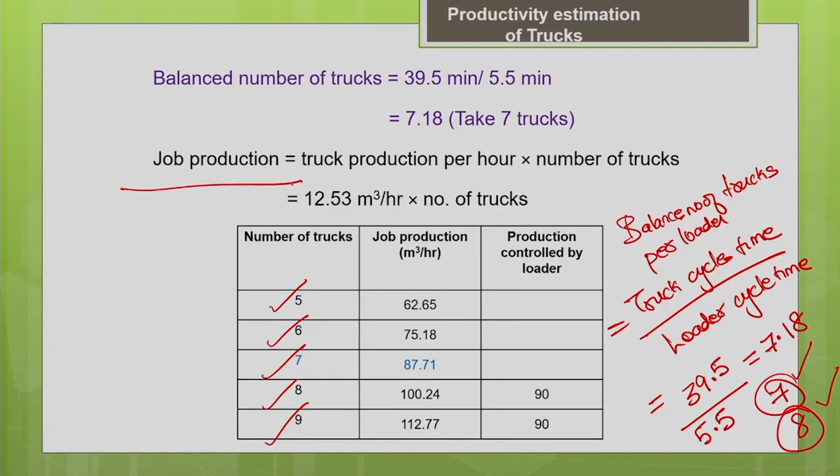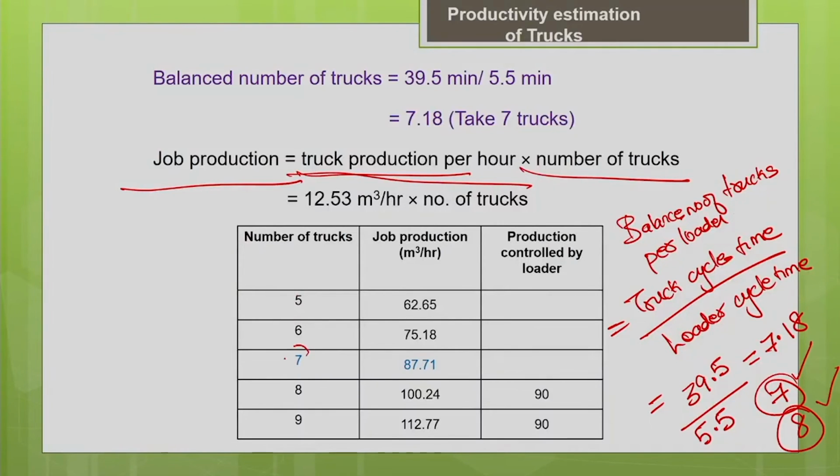So, basically how to estimate the job production? It is nothing but your single truck productivity multiplied by the number of trucks, that will give you the job production. You can calculate that way provided the number of trucks is lesser than or equal to the balance number, because then your truck cycle time will govern the productivity.